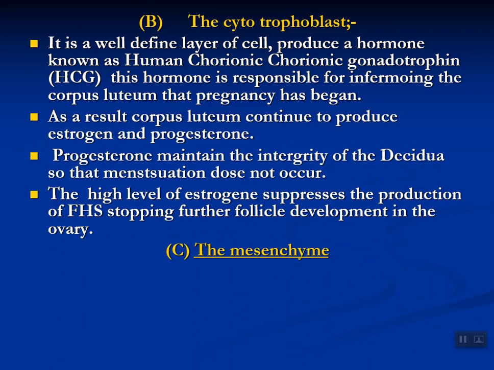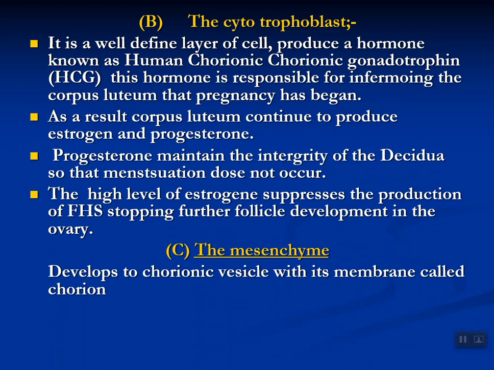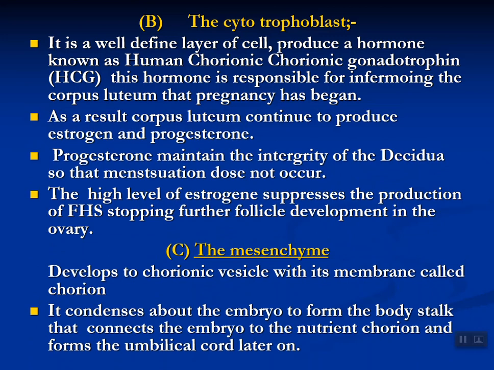And last, mesenchymal cells develop into the chorionic vesicles with the membrane, and that is called the chorion. The contents around the embryo form the body stalk that connects the embryo to the nutrient chorion, and they form the umbilical cord later on.